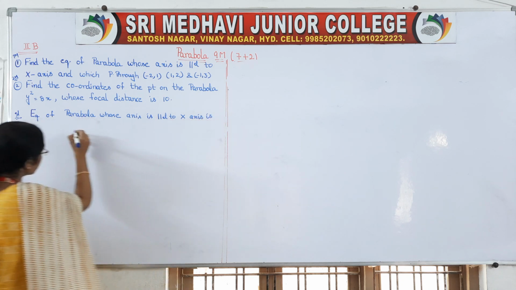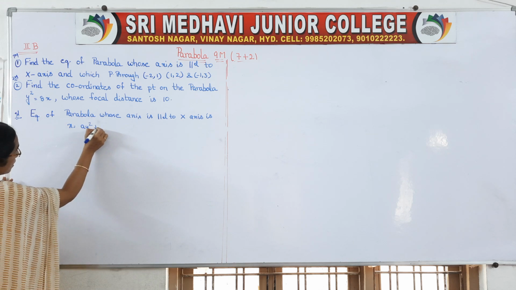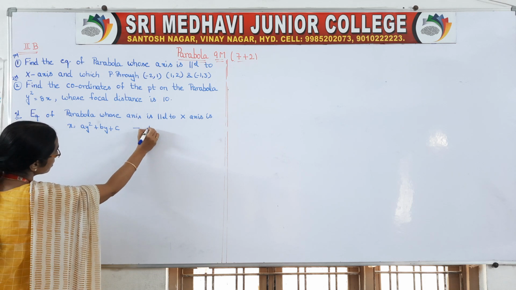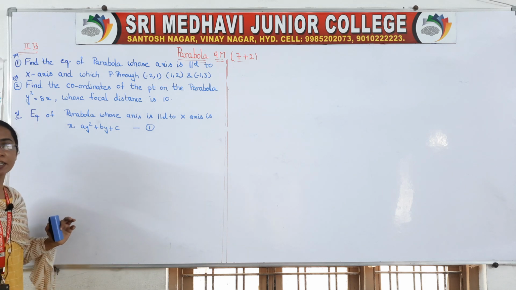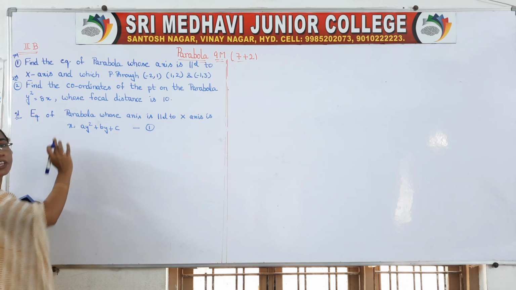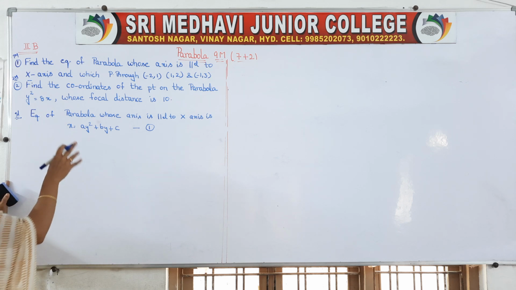It is x is equal to ay square plus by plus c, right? This is your standard parabola equation whose axis is parallel to x-axis. So this is your standard equation.